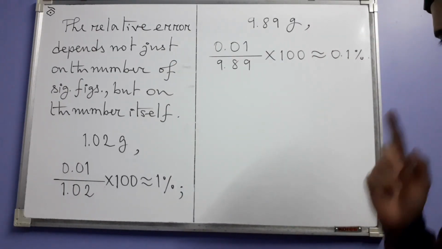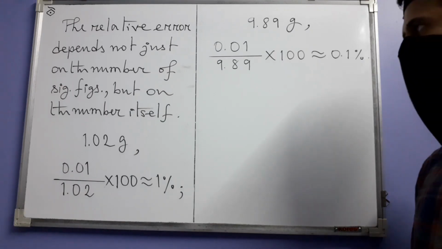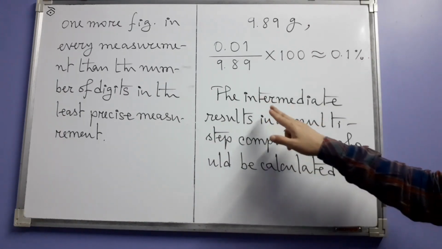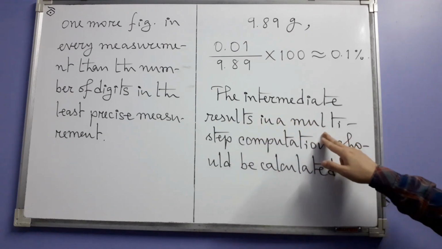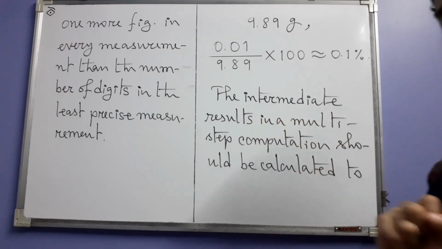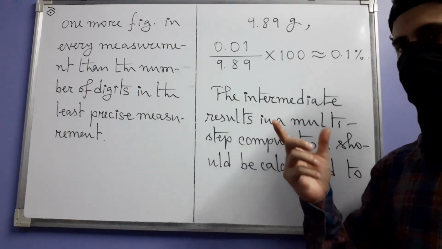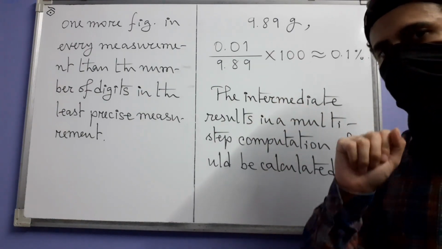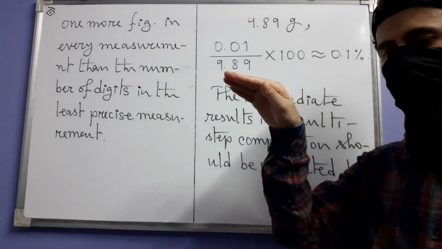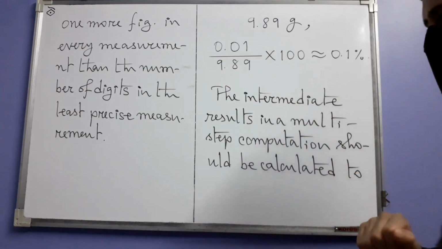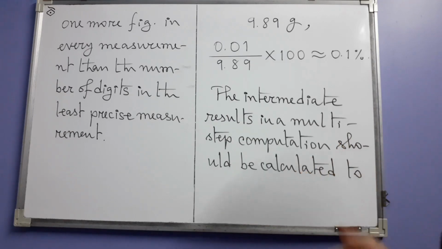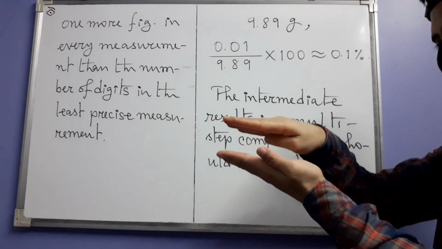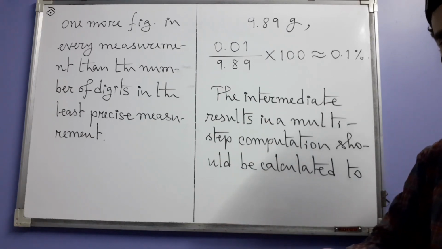And finally, there is one more point, and that point is this. Let's see what it's saying. The intermediate results in a multi-step computation. Say it's not like calculating an area of something where there is only one step. Say you have a complex multi-step calculation involving approximate quantities, and the intermediate results, that means at every step you are going to have something calculated, right?